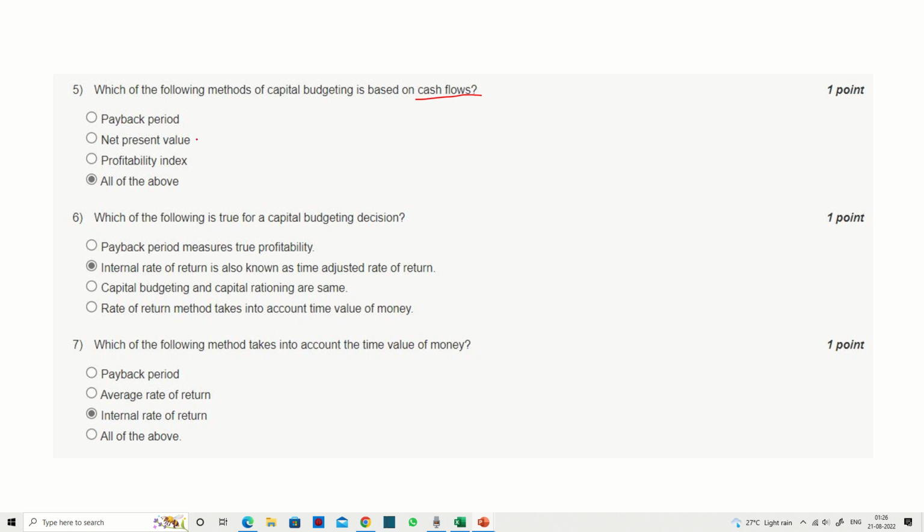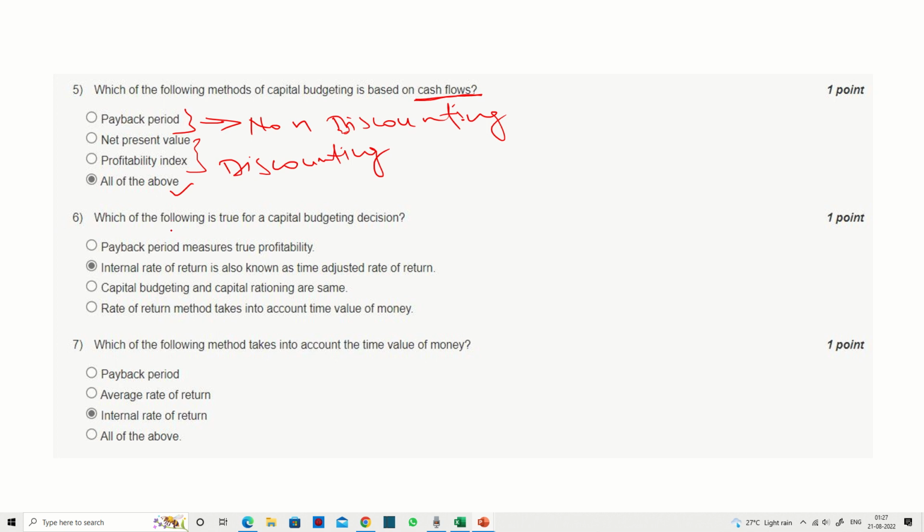Here payback period, NPV, net present value, and profitability index, all three are based on cash flow, while this term is based on non-discounting and these two are based on discounting cash flow. Here the question asks just based on cash flow, so all of the above is the correct answer.